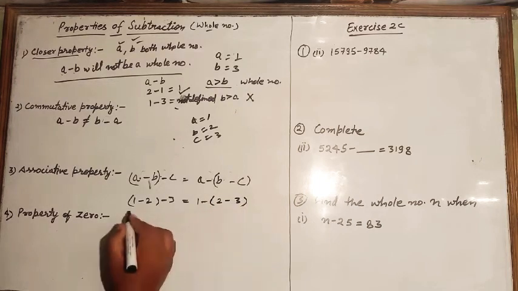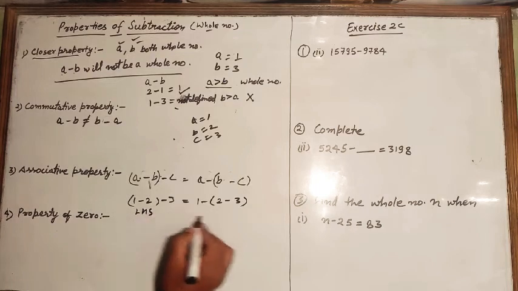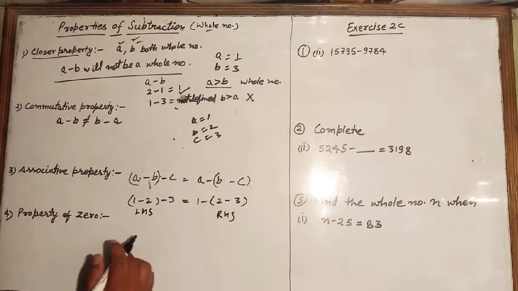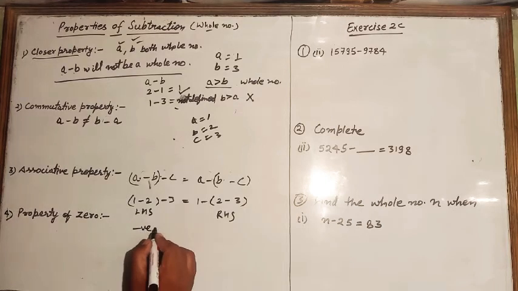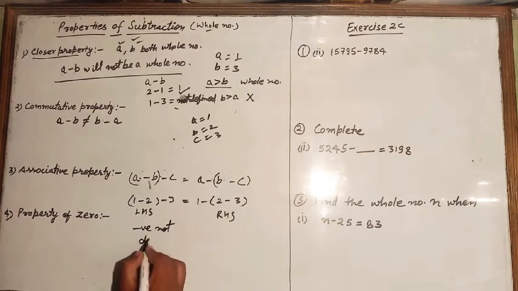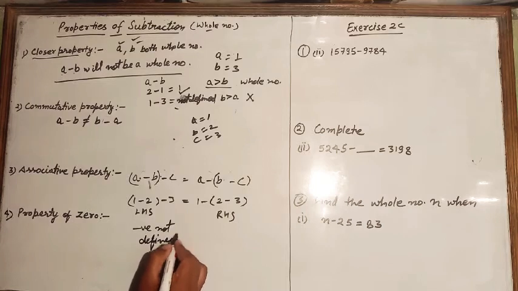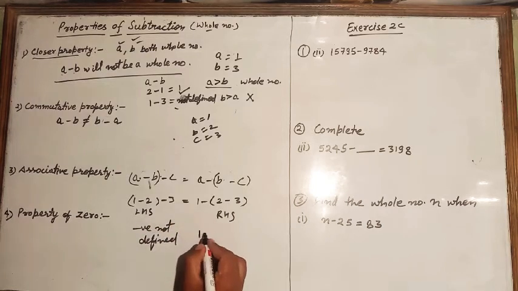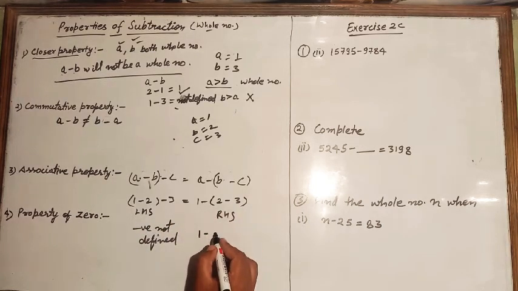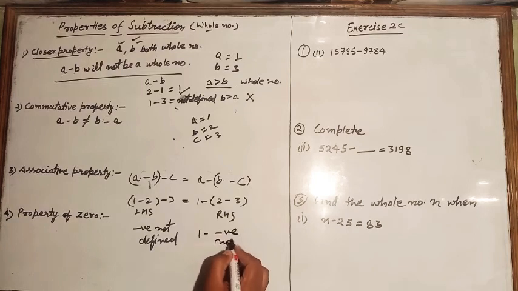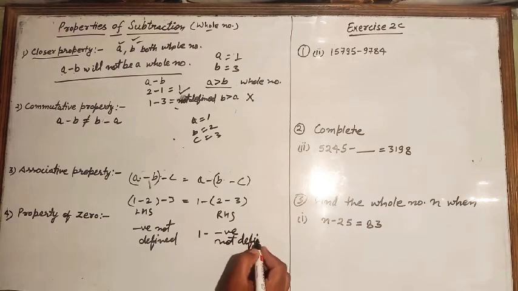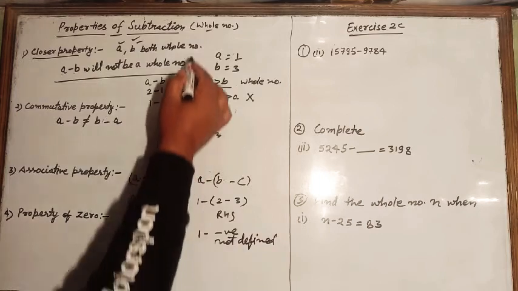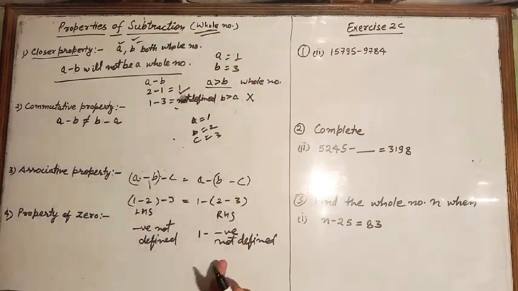Now check. We will solve the left hand side and the right hand side. On the LHS, 1 minus 2 is minus 1, which is a negative number, so it is not defined. On the other side, again it will be a negative number, which is not defined, because up to now we are reading only whole numbers, so we can't write integers here.